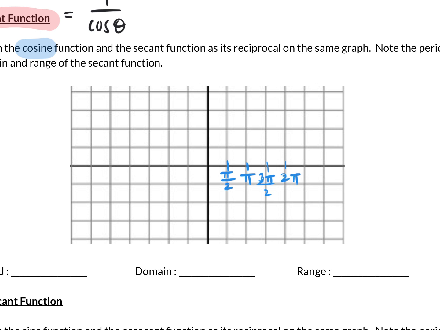Okay, so those are my 5 points, and then they go up to a high of 1 and a low of -1. And for cosine, we start actually on the y-axis at 0, 1, and then goes down to pi over 2, 0, down to -1, up to 0, and then up to +1.